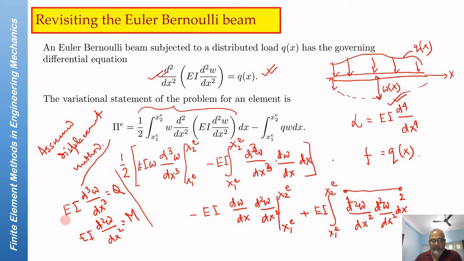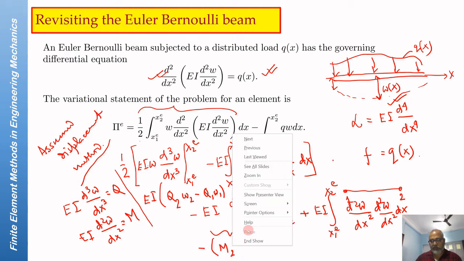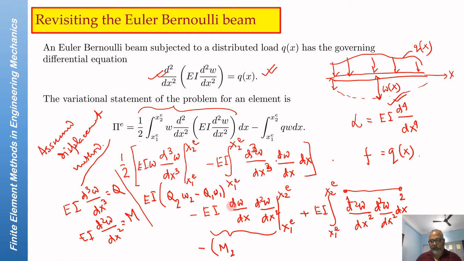So once you have these two expressions, this you can see as EI times Q2 W2 minus Q1 W1, and this you can see as minus of M2 theta 2 minus M1 theta 1, where theta is the derivative of the vertical displacement.